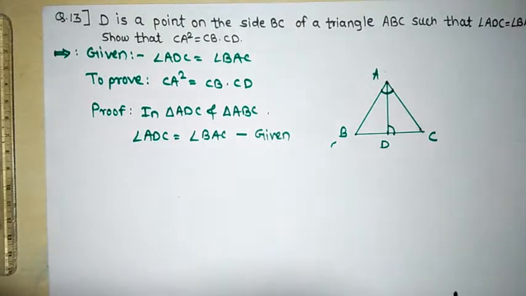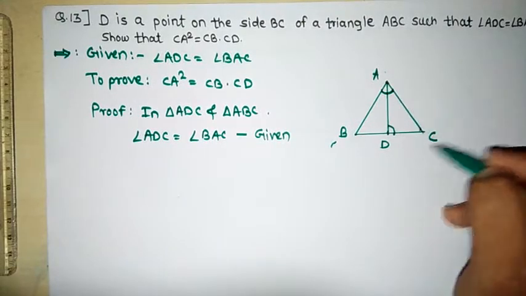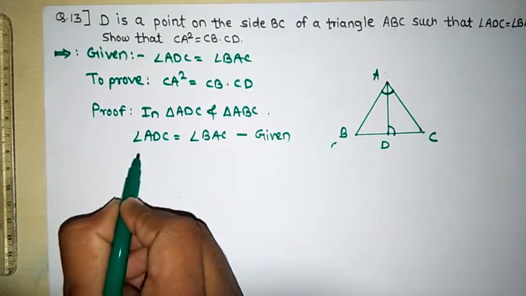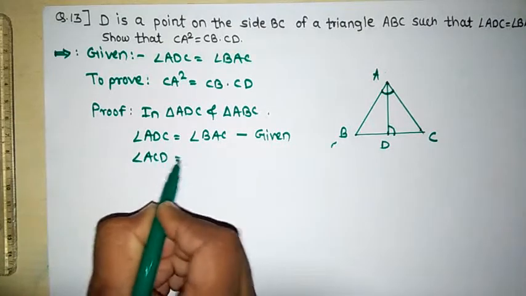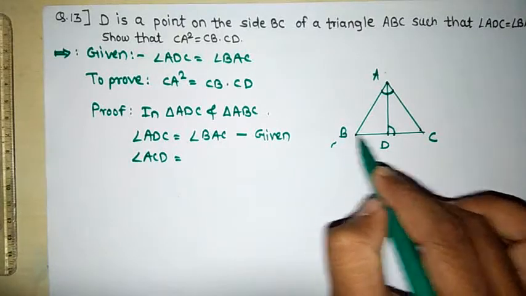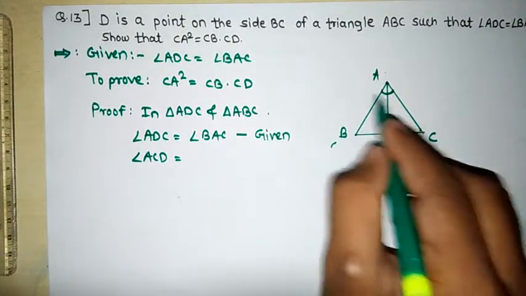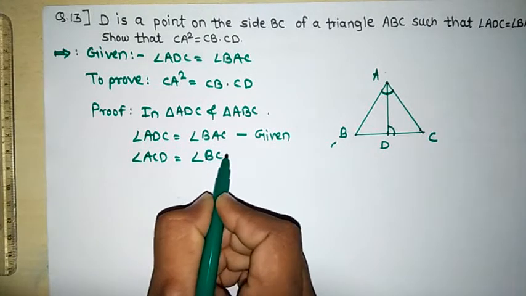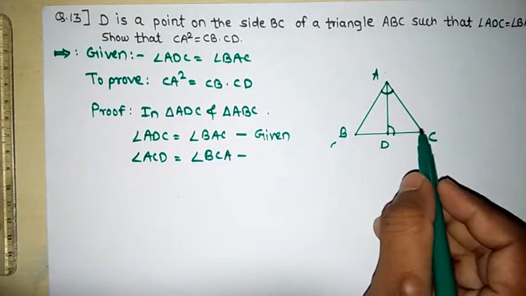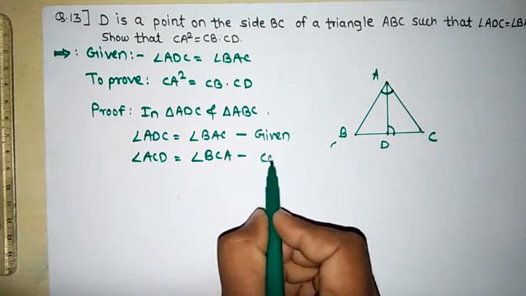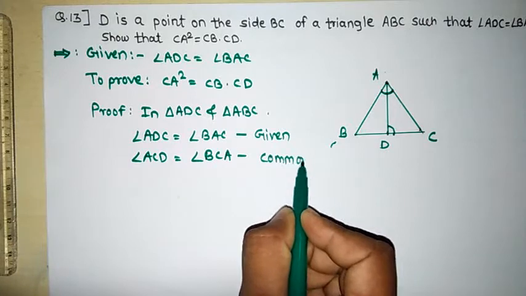Now, in triangle ADC, I will take angle ACD, which is equal to angle BCA in the bigger triangle. What is the reason? Because this angle C is common in both the triangles. Reason is common angle.